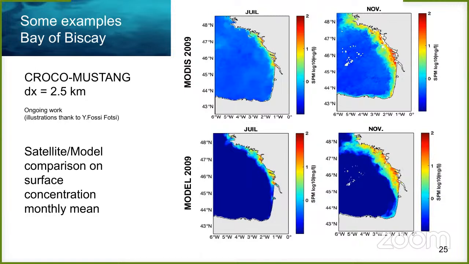As I said before, here is the concentration at the surface, so you have to compare with the right variable also given by MODIS. Now we see this fits well. We have a good result.